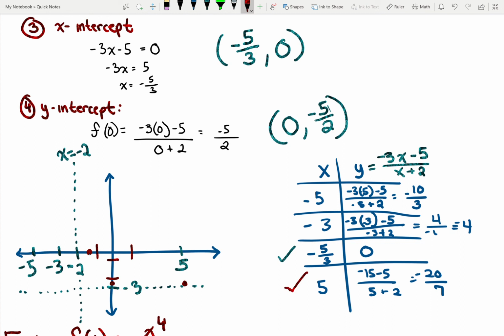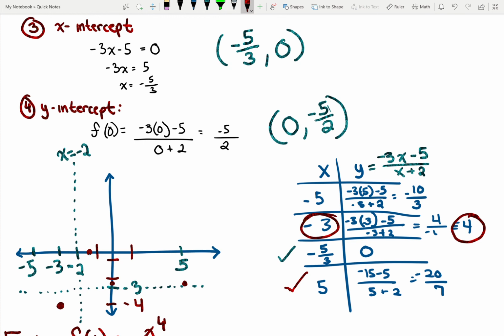If I plug in -3, I should be getting -4. So here's -3. Here's -4. I'm looking at this part right here, actually. When x is -3, y is -4. And that's what I just plotted right here.